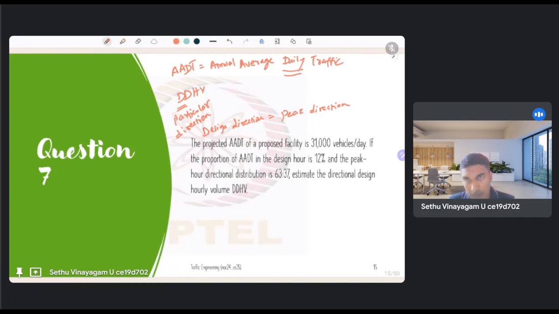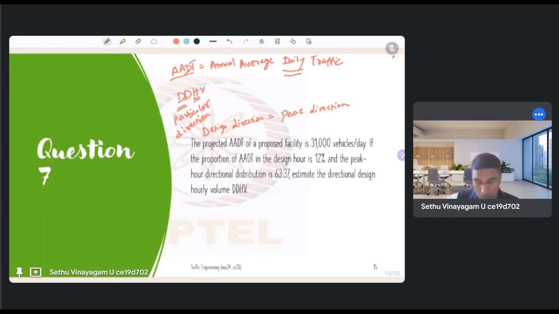So we want to find for a particular direction. And second, this is for an hourly volume, right? So we want to find it for the peak hour, not for the whole day. That is the difference between the AADT and the DDHV. So from a daily traffic, which does not differentiate between the two directions, we want to find the volume for the design direction during the peak hour, right?